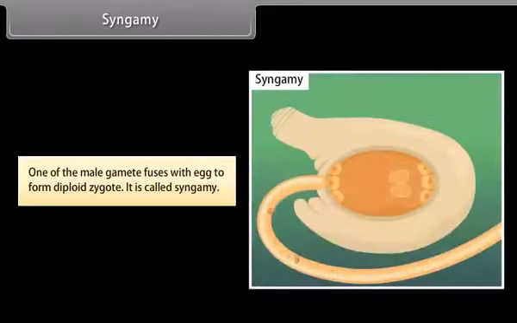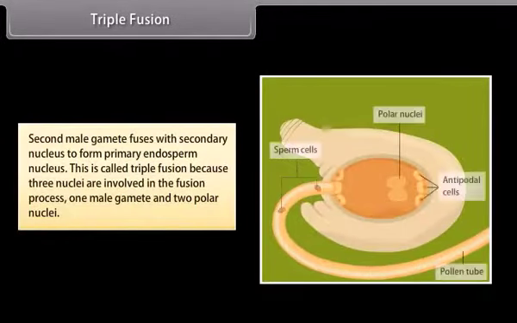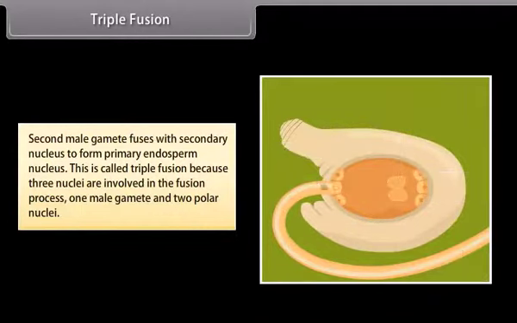Syngamy. One of the male gametes fuses with the egg to form a diploid zygote. It is called syngamy. Triple fusion. The second male gamete fuses with the secondary nucleus to form the primary endosperm nucleus.